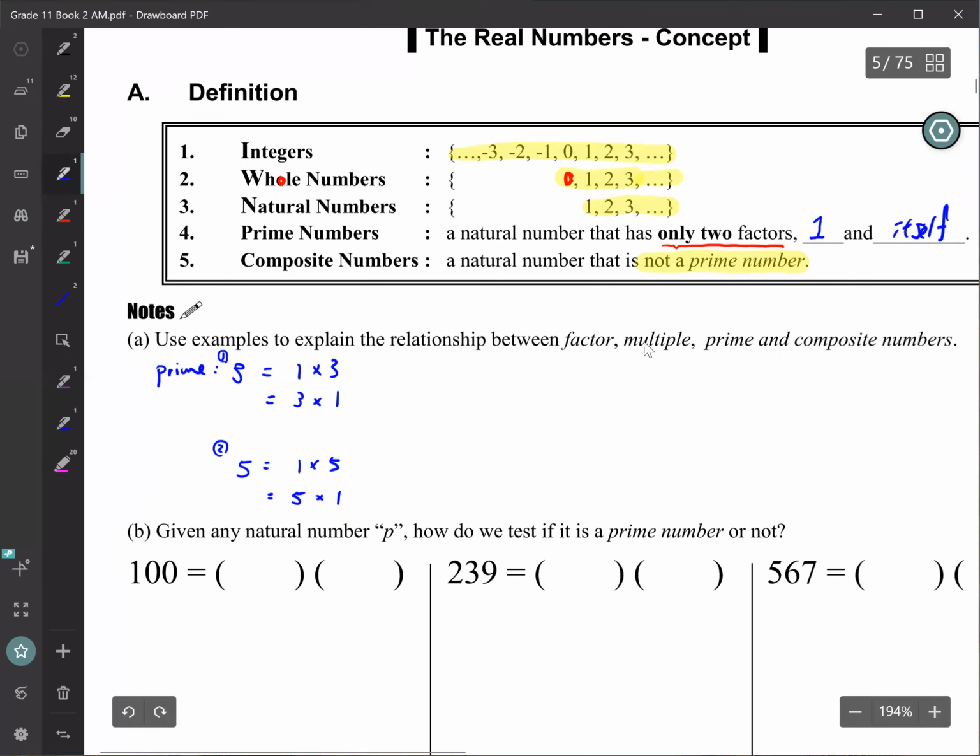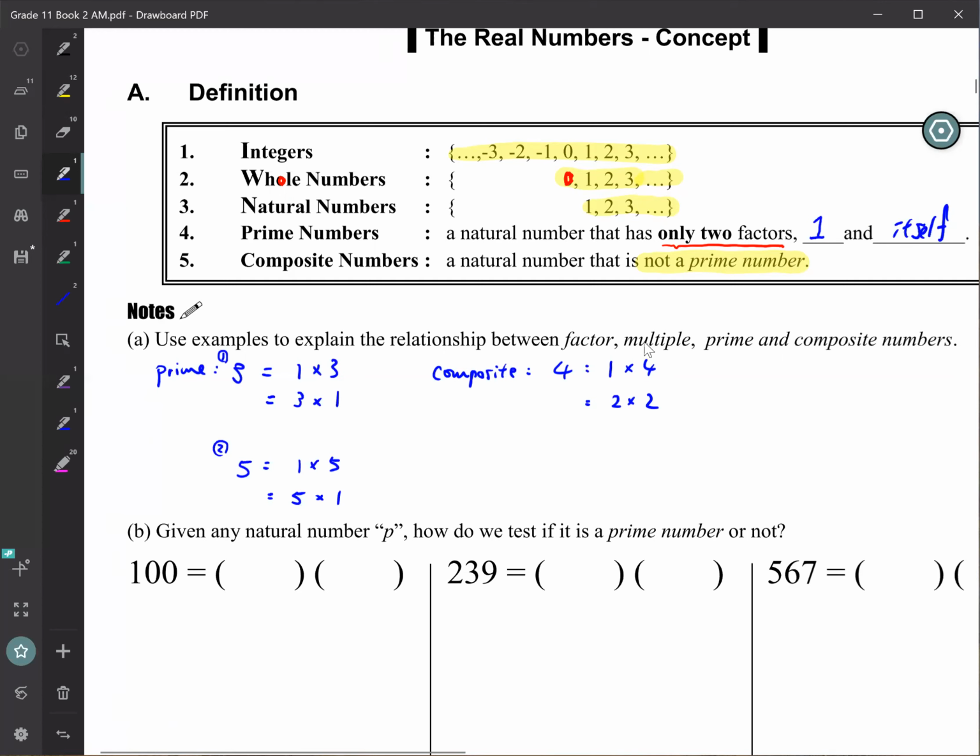And Eric, can you give us a composite? 4. 4, because? It has more than one factor, or 2 factors. For example? 1, 4, 2. Yeah, okay, 1 times 4 or 2 times 2. So it's made up by more than one combination.